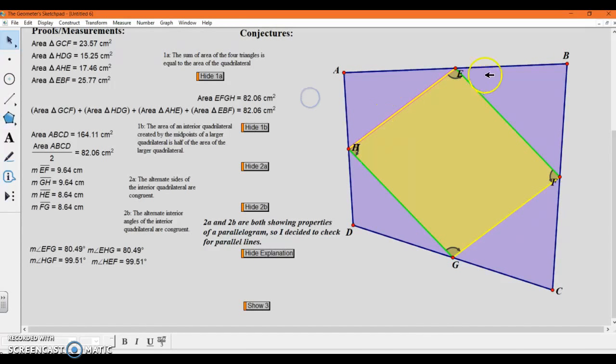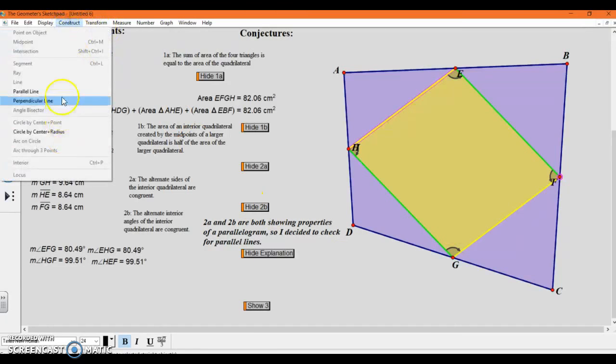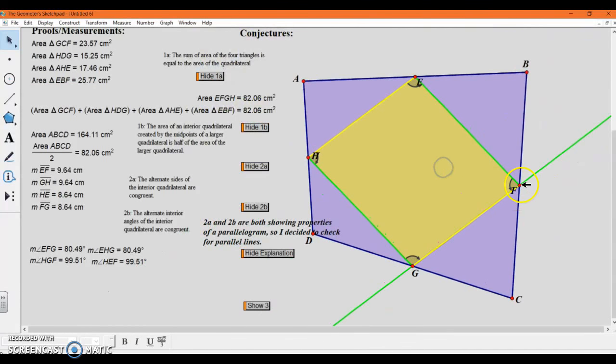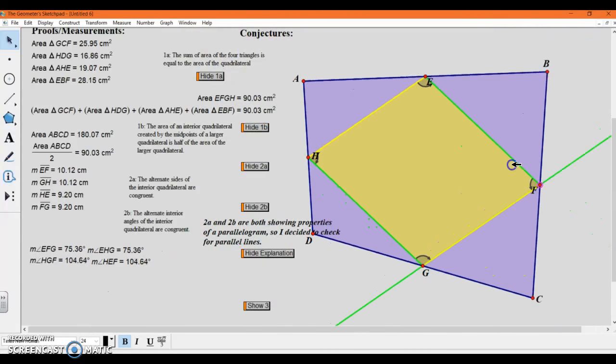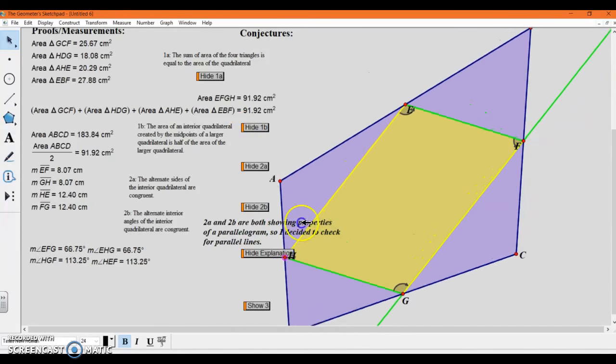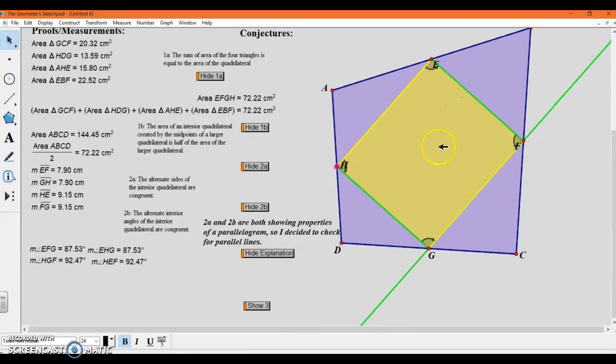I'm going to create a line parallel to line segment EH and going through F. I'll know it's parallel if it also goes through point G. And therefore, we can prove that FG is a line segment on a line parallel to EH, making line segment EH and line segment FG parallel to each other.